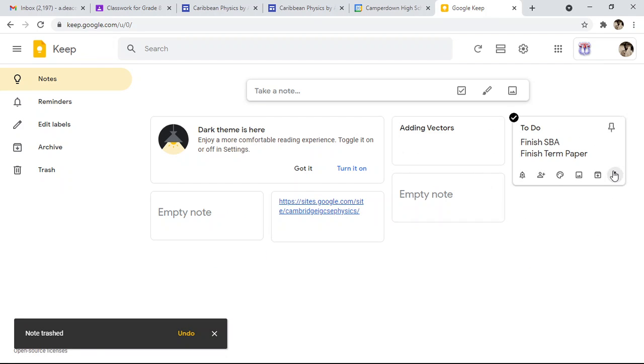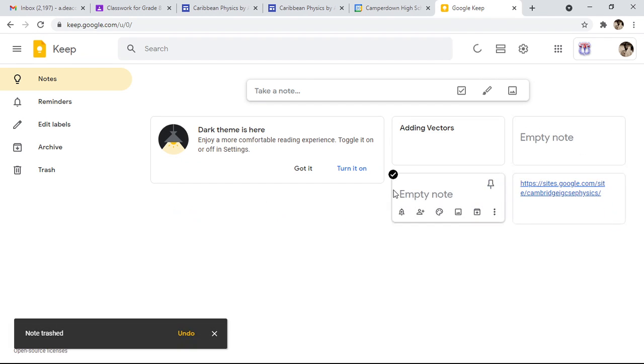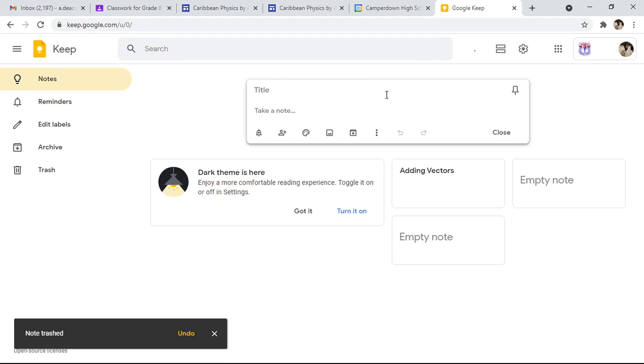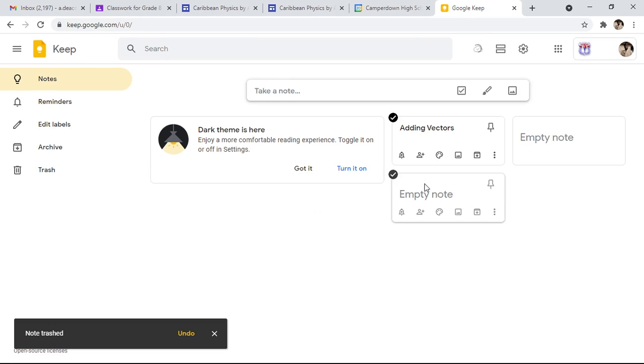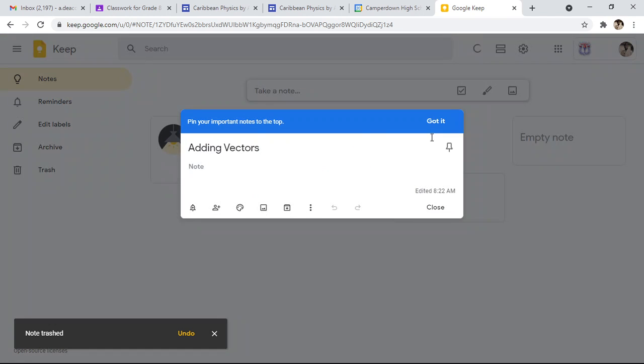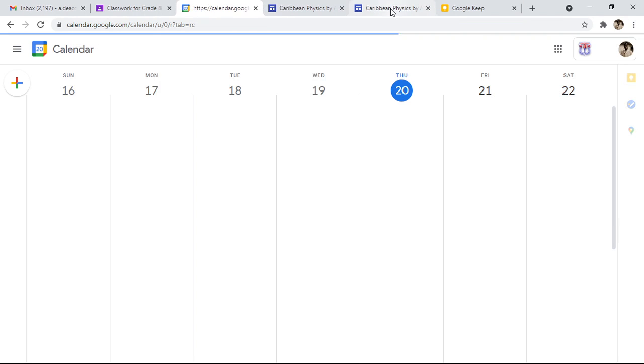Delete notes, delete notes, delete notes. Alright, so adding vectors, see it here. This is what we are working on now. Any little notes that I might have, I'm going to be throwing on that side.